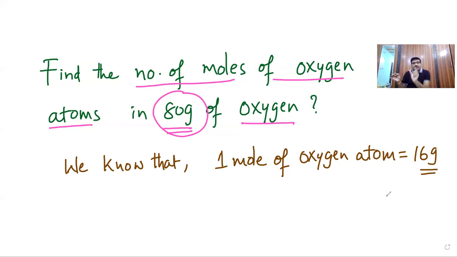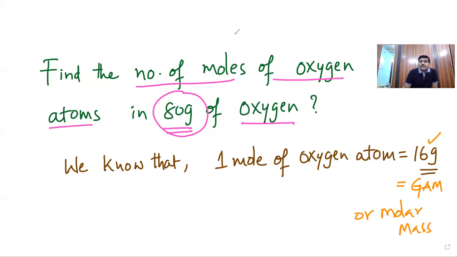That means this 16 grams is what? Gram atomic mass. Or this is also known as what? Molar mass. This 16 grams is also known as gram atomic mass or molar mass.